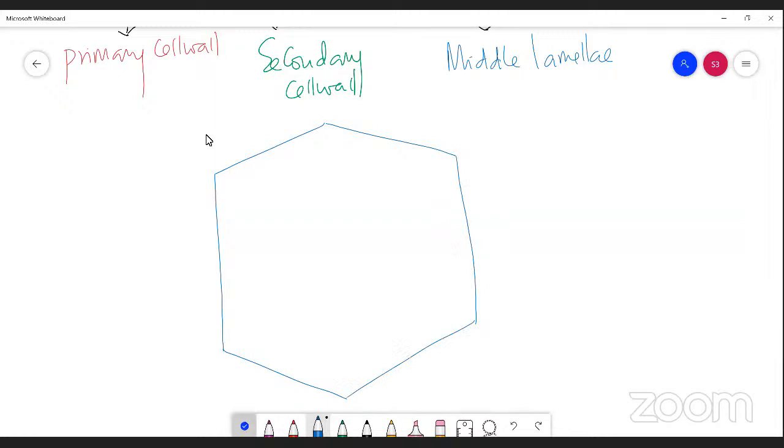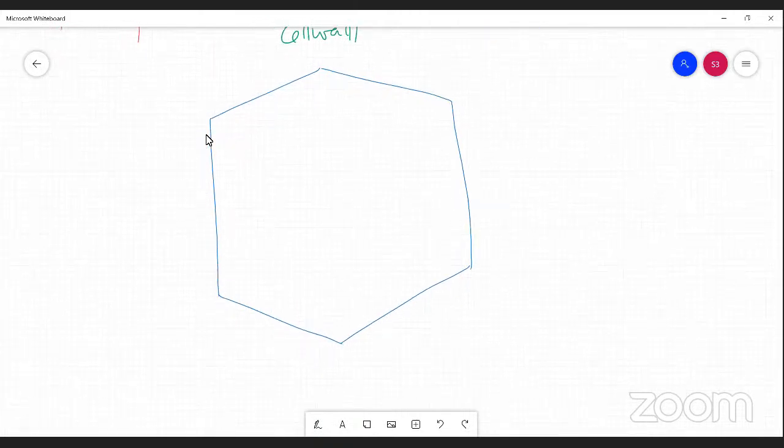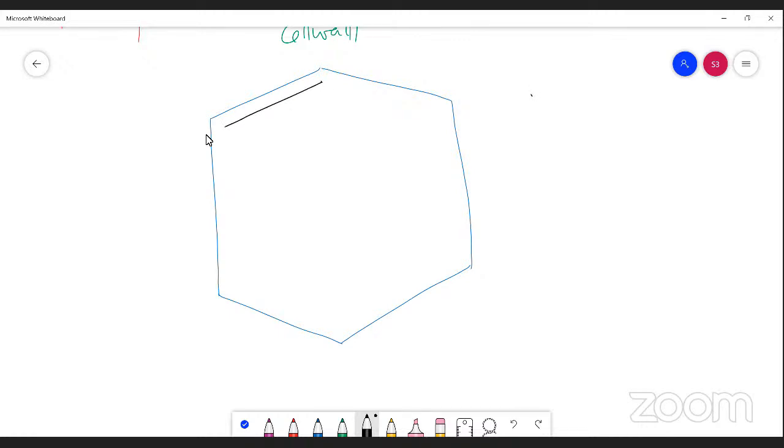This is a plant cell, and there are different layers associated, primary and secondary.